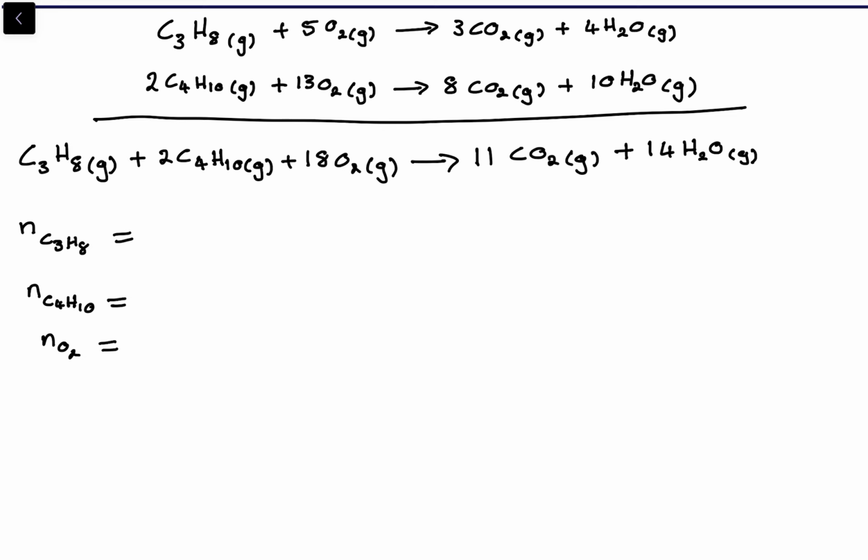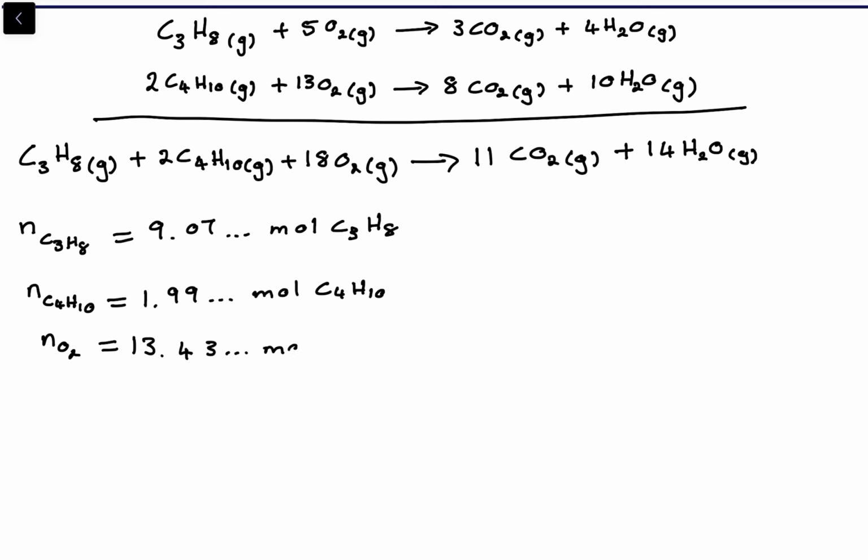And you should get values of, so the number of propane is going to be 9.07 and so forth, mole propane. Butane is going to be about 1.99 mole butane. And then the oxygen is about 13.43 mole oxygen.